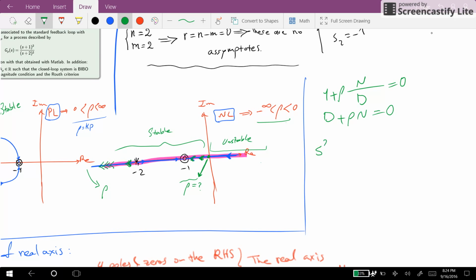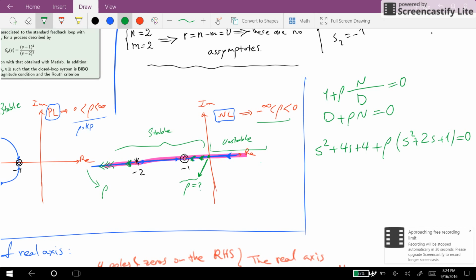D is given as s squared plus 4s plus 4, and n is s squared plus 2s plus 1, so we have s squared plus 4s plus 4 plus rho times (s squared plus 2s plus 1) equal to 0. From here, we will have s squared times (1 plus rho) plus s times (4 plus 2 rho) plus (4 plus rho) equal to 0.